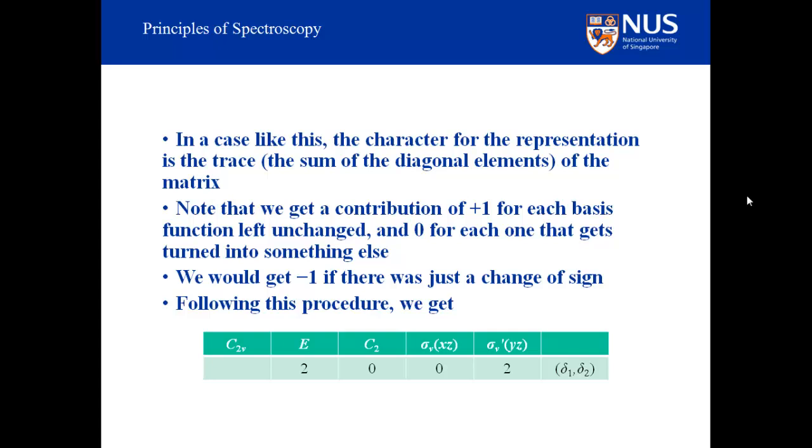But note that under the C2 operation, both delta 1 and delta 2 move, and so therefore contribute 0 to the character under C2. This is the same for the sigma v xz symmetry operation. Whereas under the sigma v yz symmetry operation, both displacements delta 1 and delta 2 are unchanged, and both therefore contribute +1 to the character under sigma v yz.